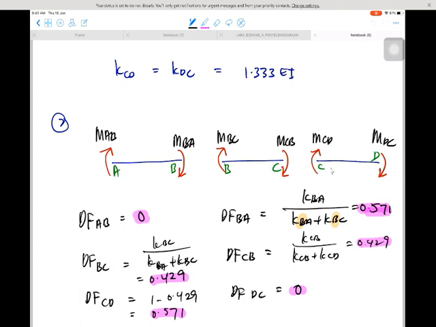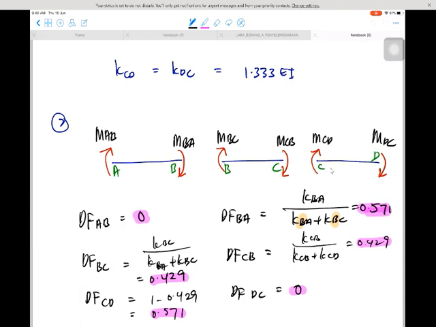Since there are three members and each member has two ends, the total number of member end moments is 6, so we will also have 6 distribution factors to be determined. We determine the distribution factor using the formula: member stiffness factor divided by joint stiffness factor.